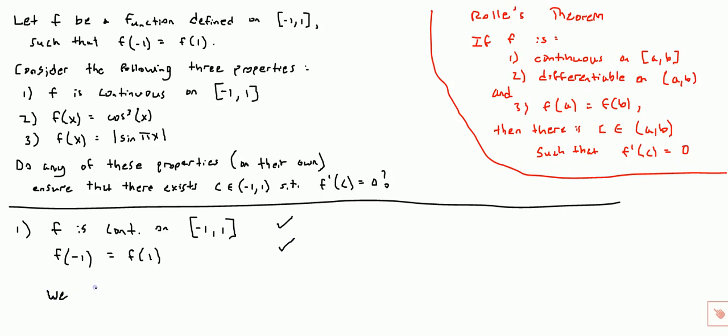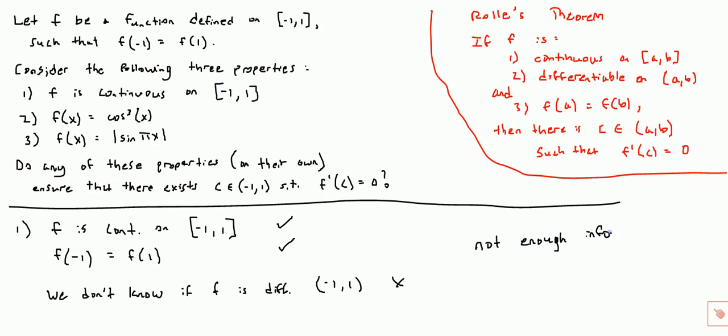We don't know if f is differentiable on the open interval (-1, 1). We have no way of finding that out from what we're given. All we know is that it's defined on the closed interval, the endpoints are equal, and it's continuous on the closed interval. We have no way of finding if it's differentiable. So this is not enough info to confirm Rolle's theorem.